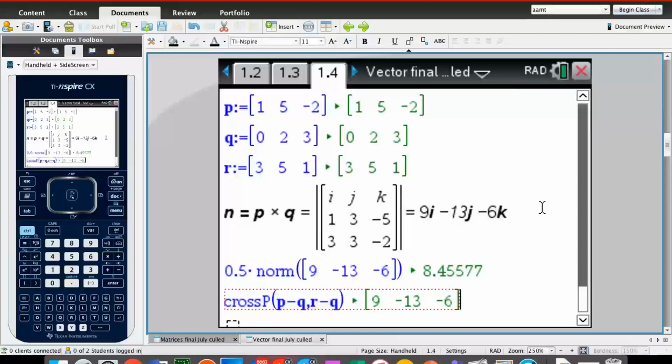Now, the area of the triangle is half the magnitude of the cross product. So because I've got this, I'll just insert a math box.